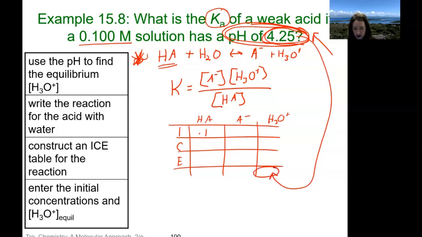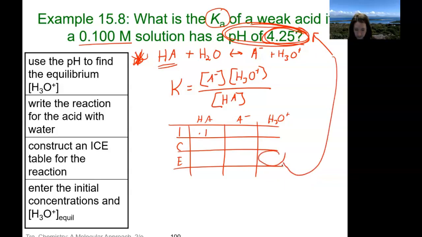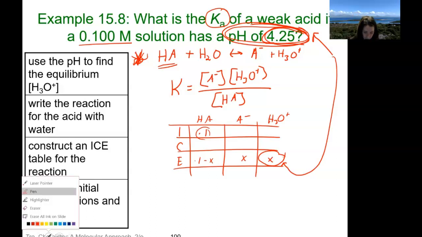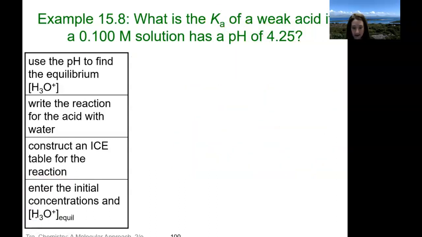So we can use this to figure out the X, because that's going to be our X, which is then going to let us figure out 0.1. It's giving us our X. So this is actually an easier problem because we don't have to do all the math.